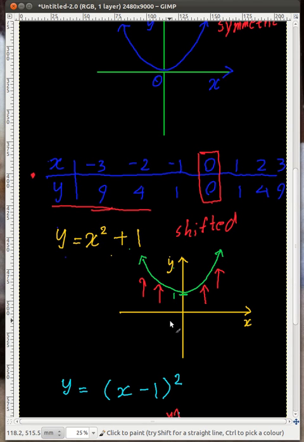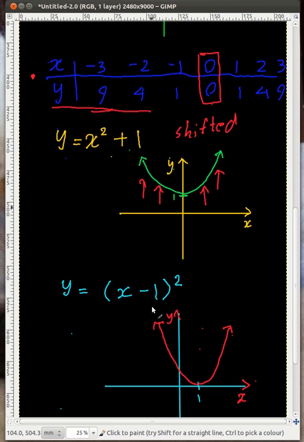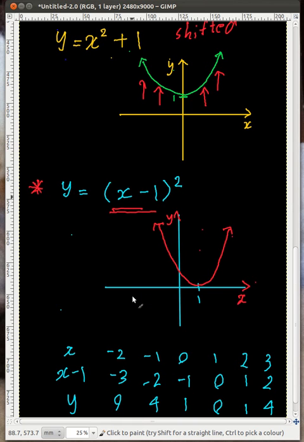Okay, so this graph was shifted up by 1. Now we get to a point where it's going to shift left and right. In this case, it's shifted right by 1. So we're thinking about y equals (x minus 1) squared. This is a bit harder to visualize, but I'll show you the numbers and it should make sense.